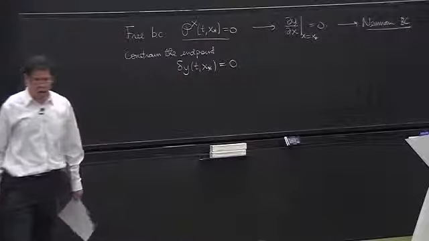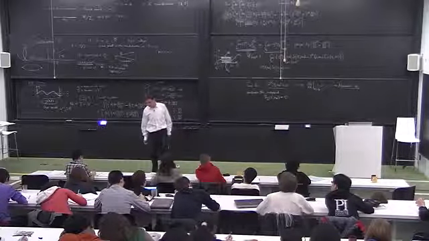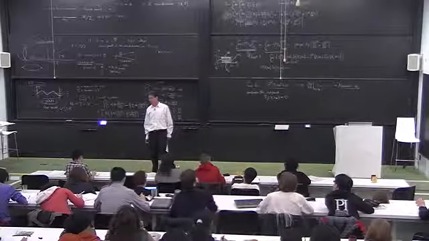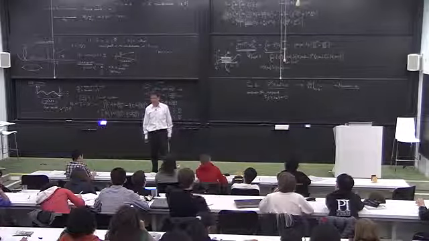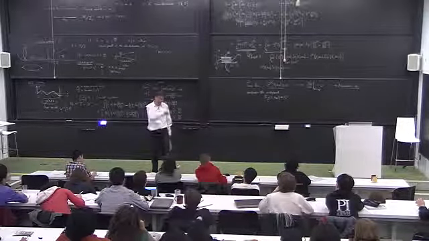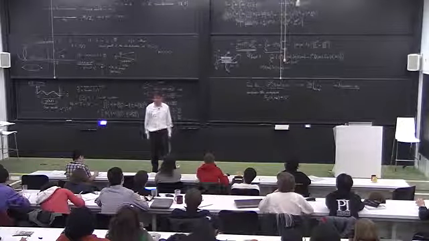That I don't allow variations of the position of the string at that endpoint. Whatever it is forever. You don't vary it. If you don't allow those variations, this term never occurs. And you don't have a problem.